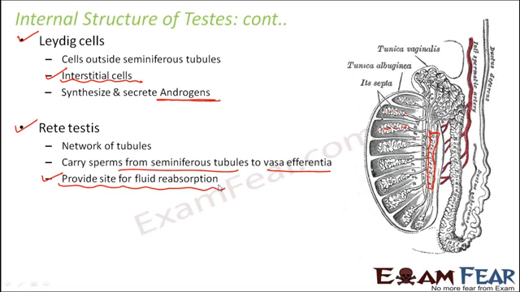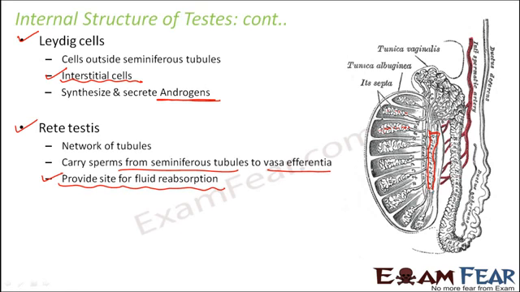And had it not been concentrated, then the sperm entering the epididymis would not be concentrated, and hence this might result in infertility. Because in order to have effective reproduction, the sperms need to be concentrated. It should not be like too much fluid being there. So fluid reabsorption has to take place, and that is taken care of by the rete testis.